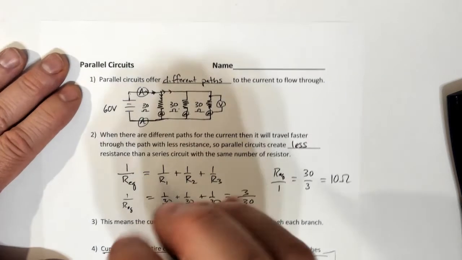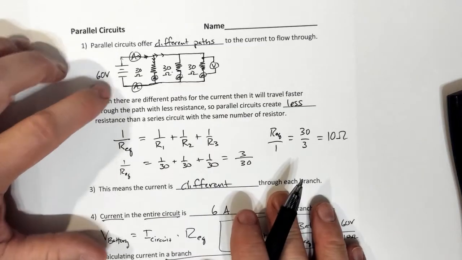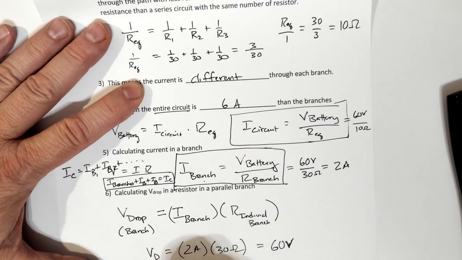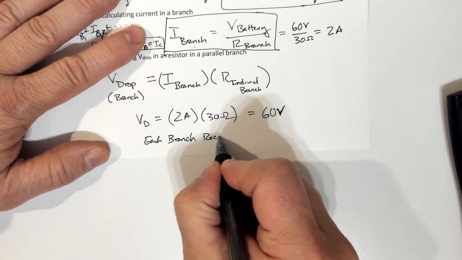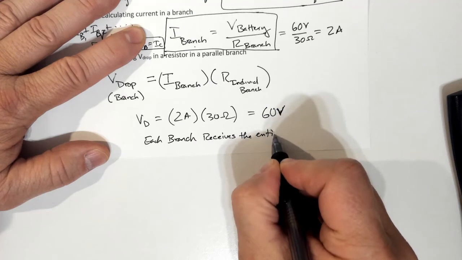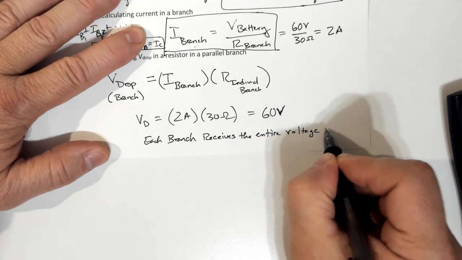So the truth is, each branch receives the entire voltage of the battery.